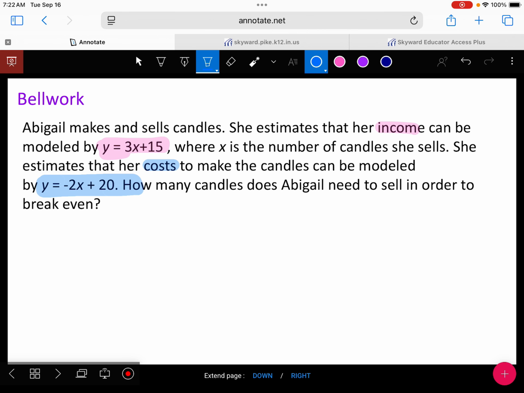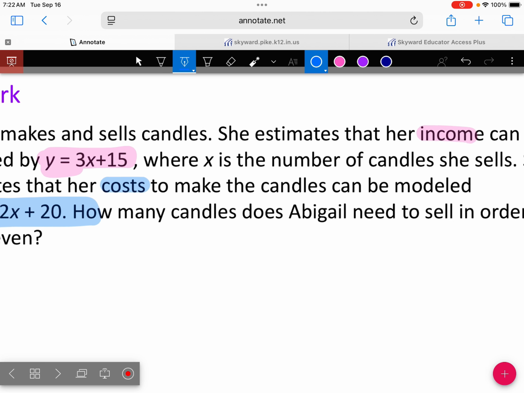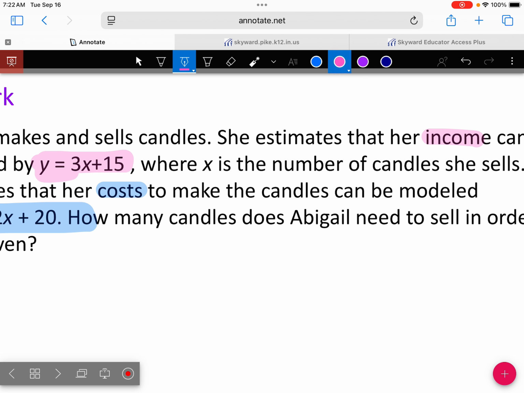What does that mean? What that means is that we're asking when is her income exactly the same as the cost? Well, I know her income is modeled by this. Income is the y.